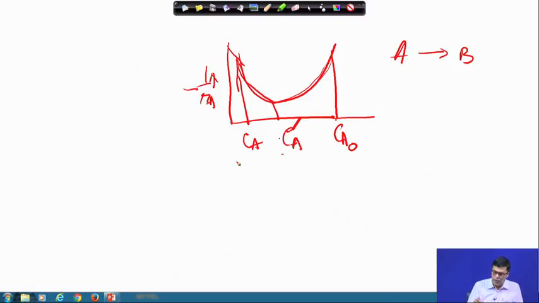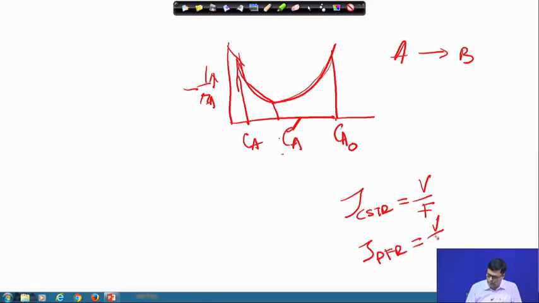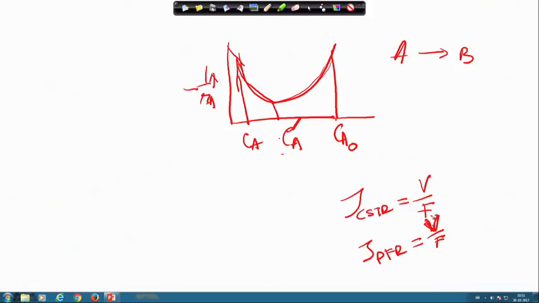So, if you consider CA0 to CA, what is our target? Tau CSTR is equal to V by F, and tau plug flow reactor is also equal to V by F. So, we have to find out under what circumstances this is minimum. That is our only selection criterion.